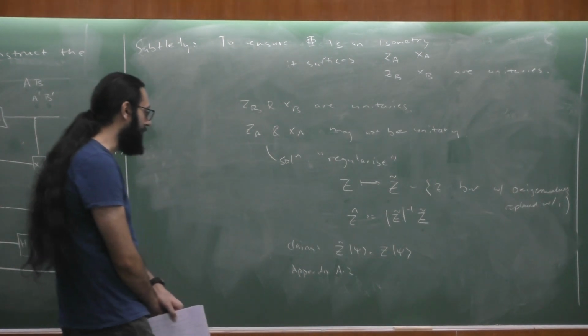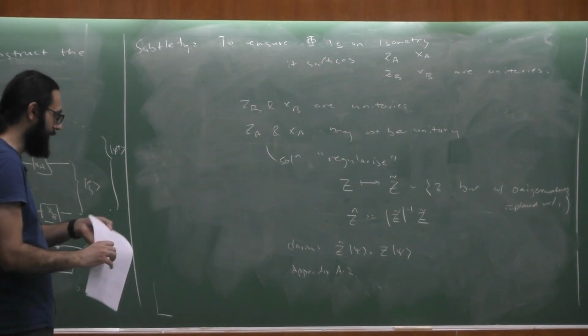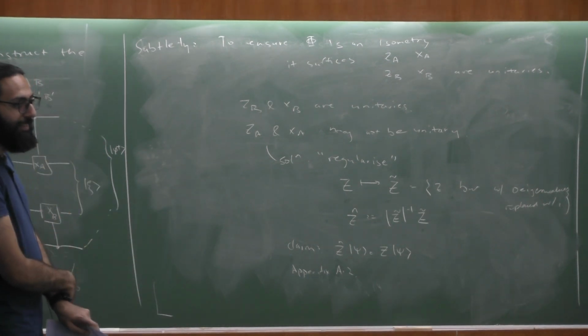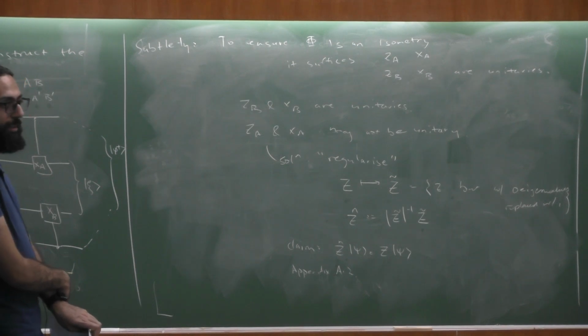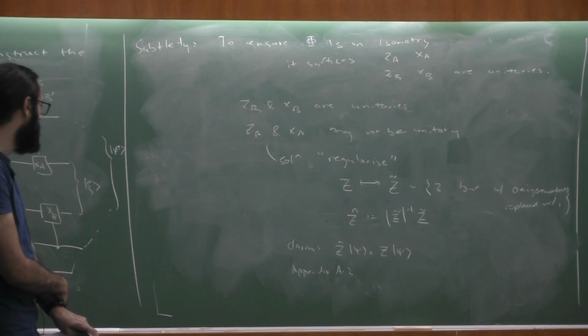Because that part is not changing. So I think that might be easier to establish somehow. Let's think. Also, is this true for all states psi, or only in our construction? I don't think it's true in general. Maybe this regularization doesn't work in general. I think for CHSH it works, but I don't know if it works in general.